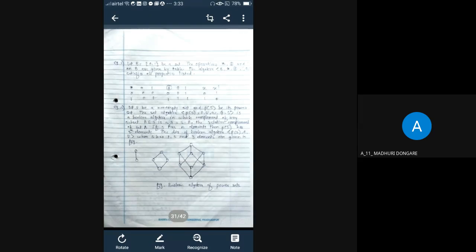Again, 0 star 1 is the greatest lower bound of 0 and 1. Just imagine 0 is the lowest element and 1 is the greatest element. Star operation means all the time we are checking for the greatest lower bound, that is the least element.